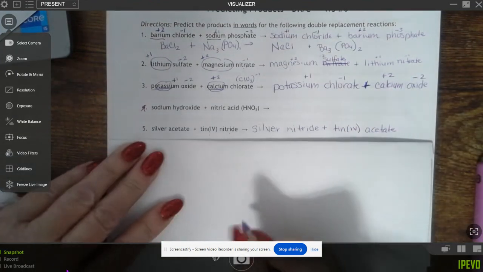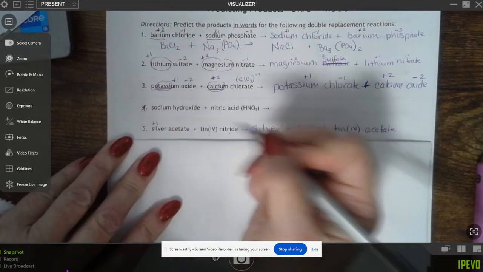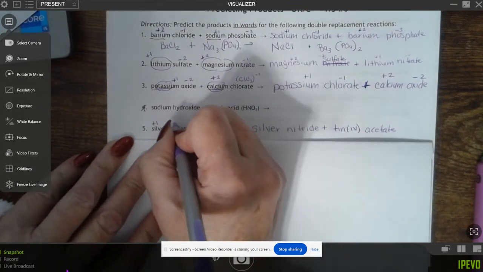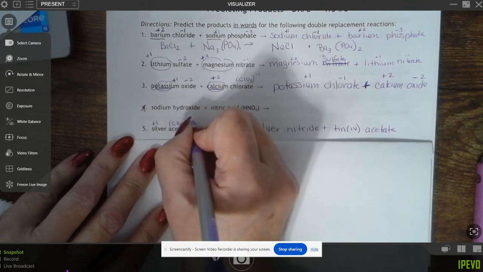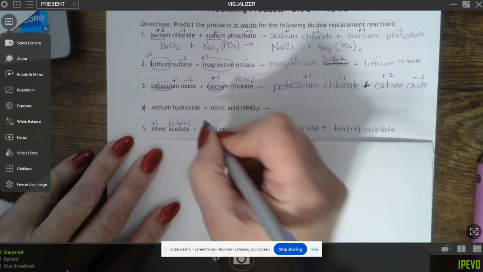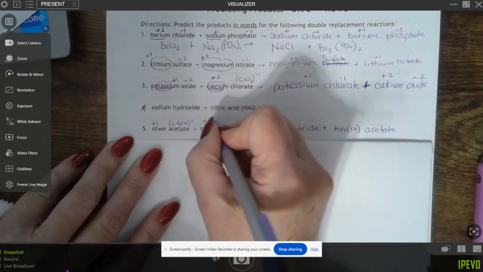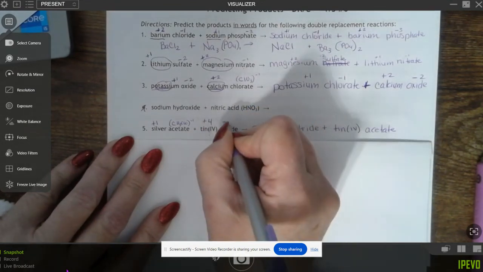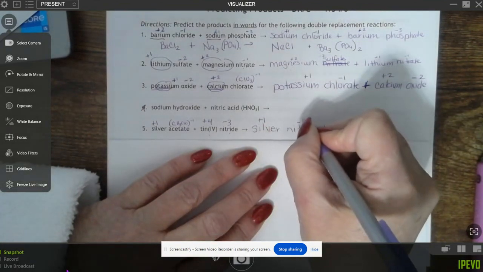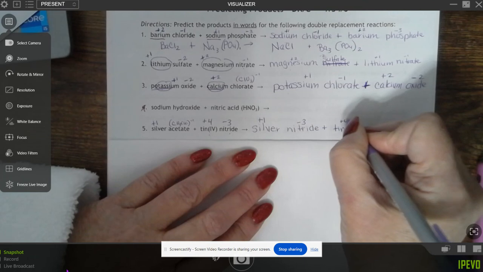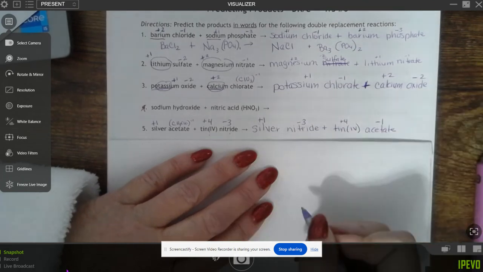So silver, remember silver is always +1. Acetate is that weird one, CH3COO with a -1 charge. Tin, this tells us it's got a +4 charge. Nitride is -3. Silver's +1, nitride's -3, tin is +4, and acetate is -1.